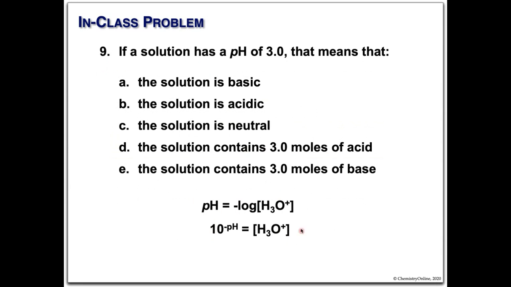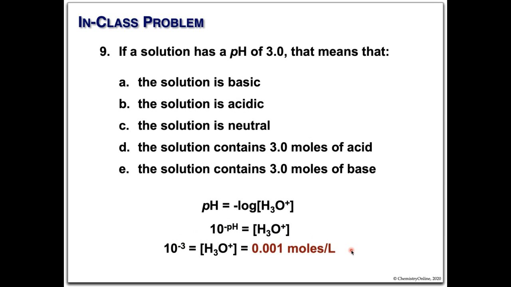This is one equation you should have handy for the exam. 10 to the minus pH equals hydronium. So we simply substitute. 10 to the minus 3 is our hydronium ion concentration. That's 0.001 moles per liter. Now that's a lot of acid actually on a pH scale.